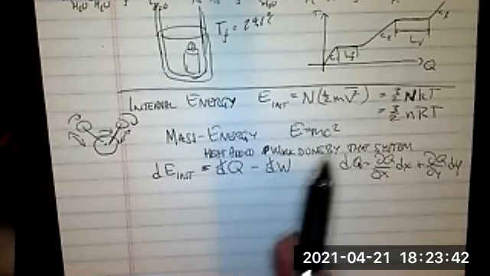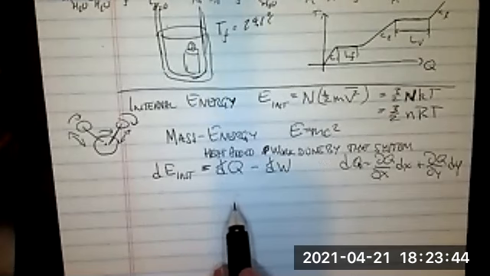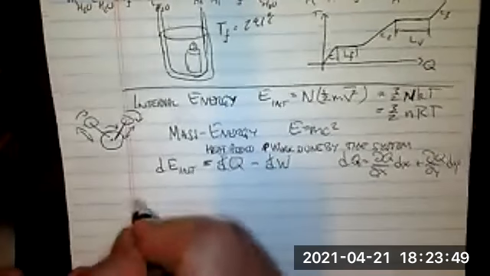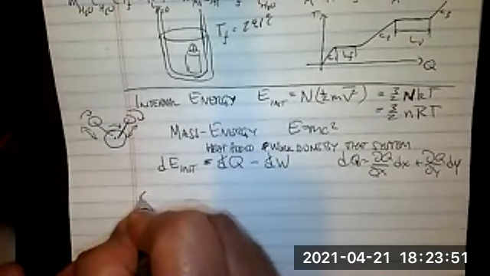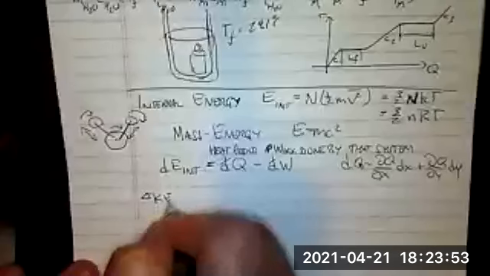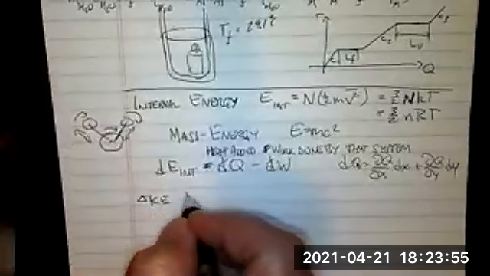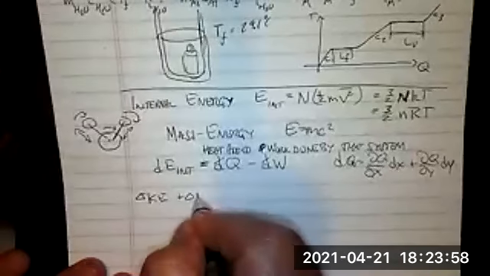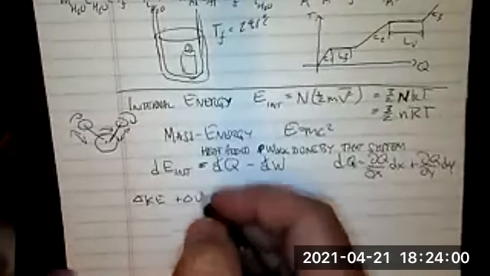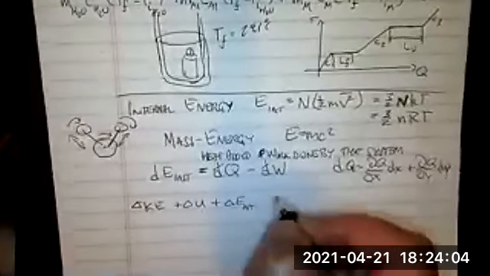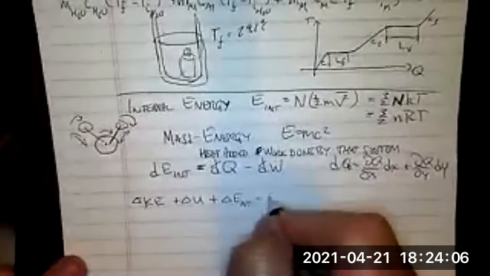So the first law of thermodynamics really could be extended, because you've got to take into account, what about mechanical energy? Well, then you're going to have to say, the change in kinetic energy plus the change in potential energy plus the change in internal energy, well, that's going to be equal to the heat added minus the work done.